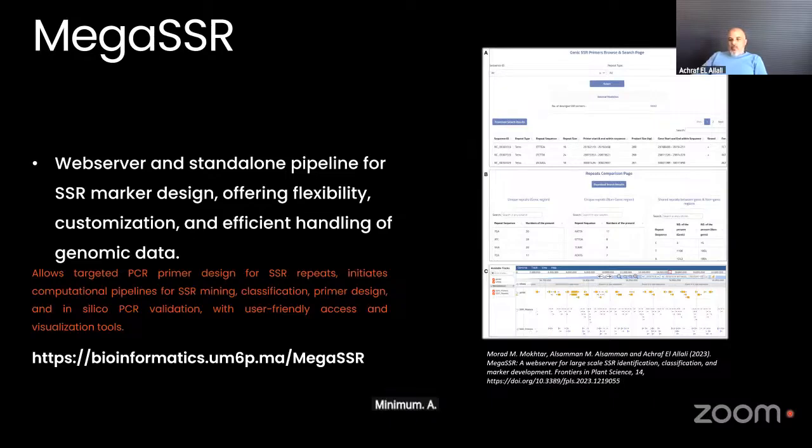SSRs are one of the easier genetic markers that can be applied in the labs because of the size. The SSRs are not much smaller than LTRs. So you're covering a smaller region, and so they're still the favorite genetic markers. So that's why this particular tool is more used than others.